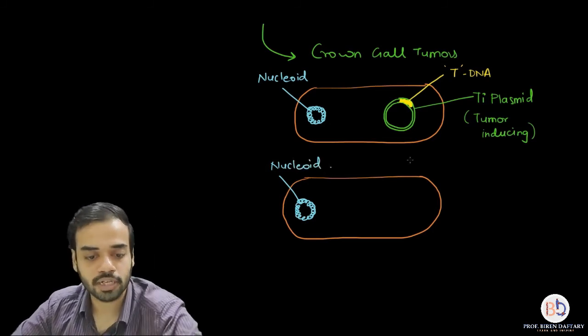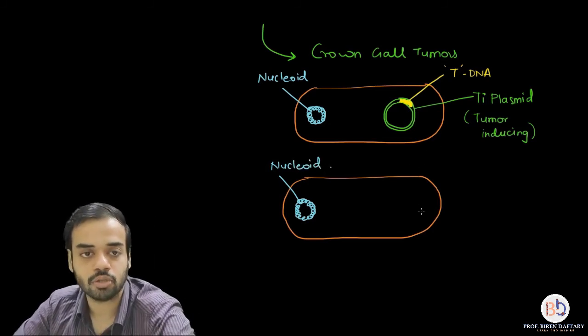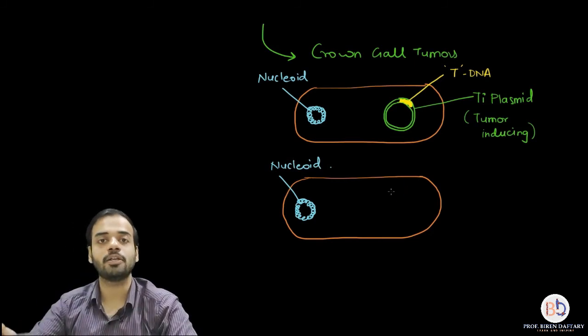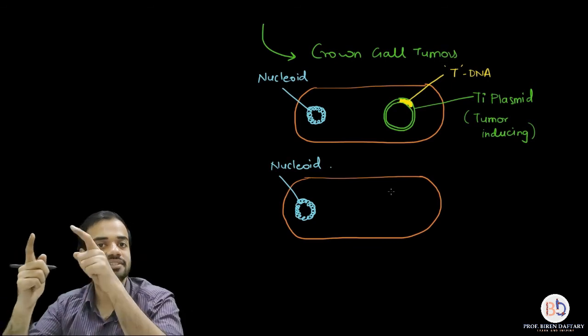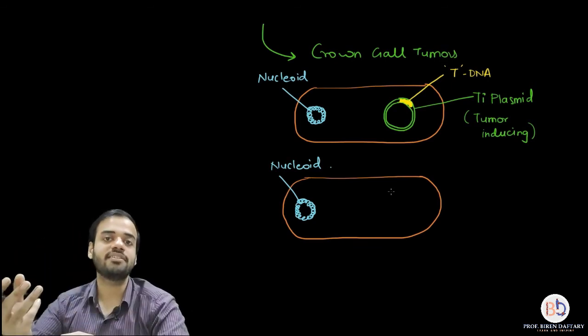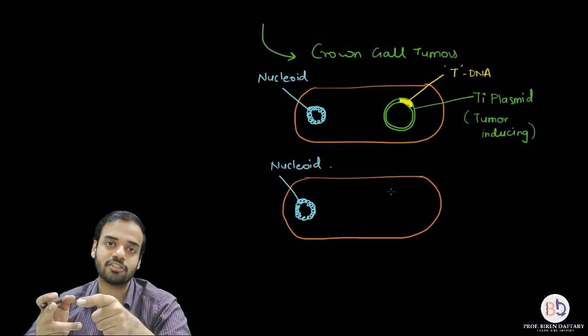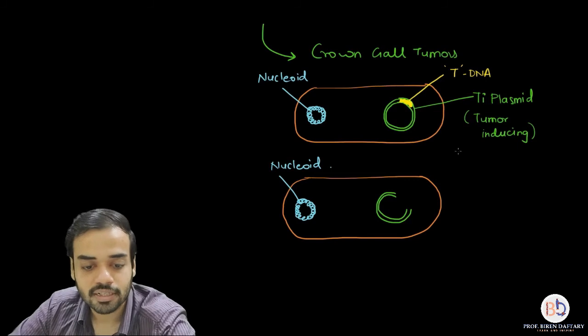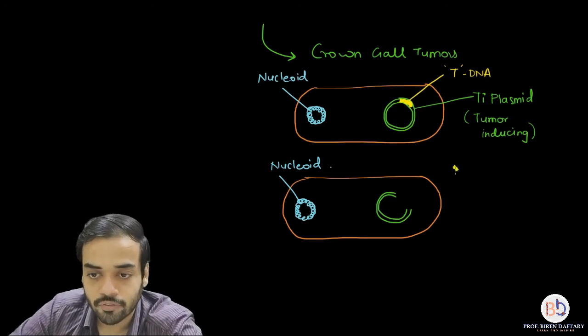Now I am going to remove the tDNA. How do you remove the tDNA? Very simple, using a restriction enzyme. The plasmid is a cloning vector, so you cut the plasmid with the restriction enzyme, and I will have this empty portion of the Ti plasmid. Are you getting this? Because that yellow portion of the tDNA has been removed.